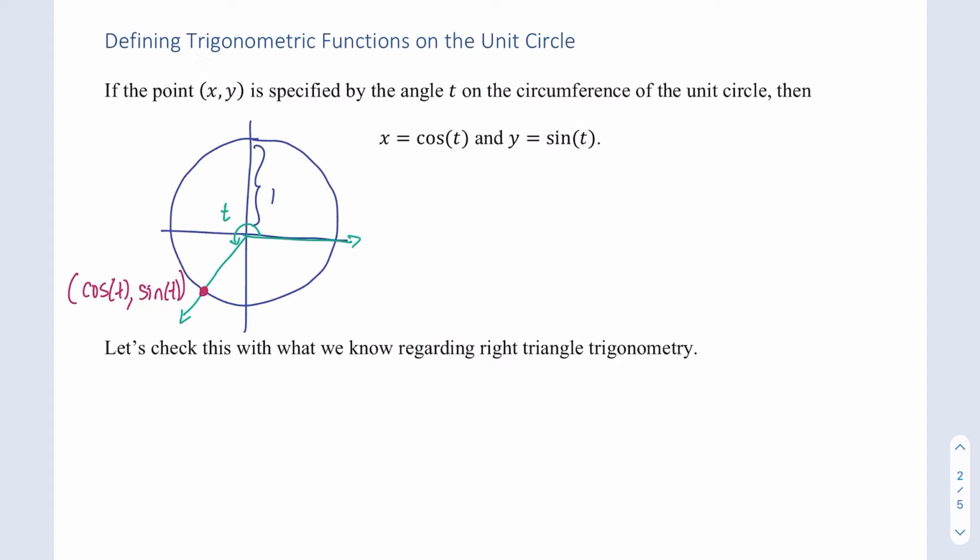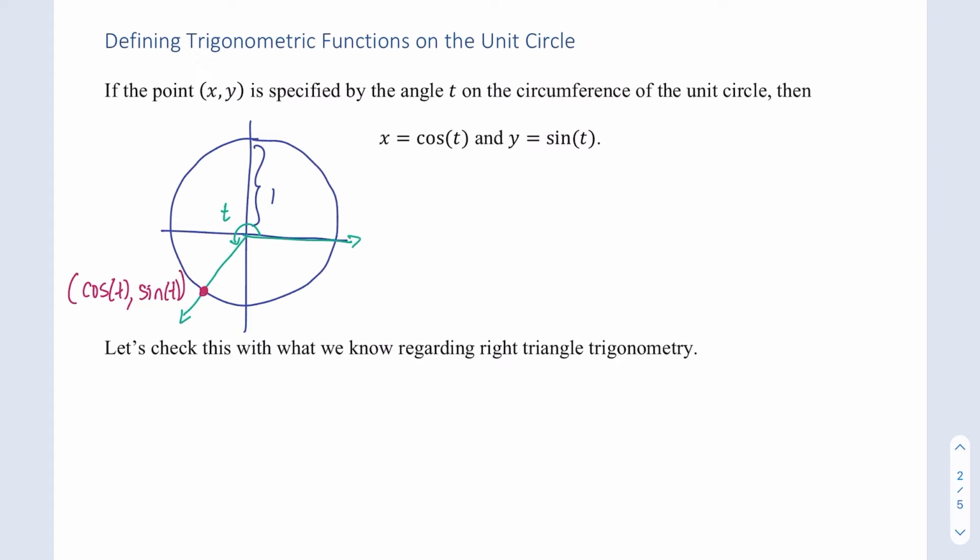This is kind of amazing because it can give us cosine and sine values for any angle t. Let's compare with what we had before, when we were using right triangle trigonometry. Right triangle trigonometry leaves us just in the first quadrant, thinking about angles that are less than 90 degrees, because I'm stuck in a right triangle where one of the angles is already 90 degrees.